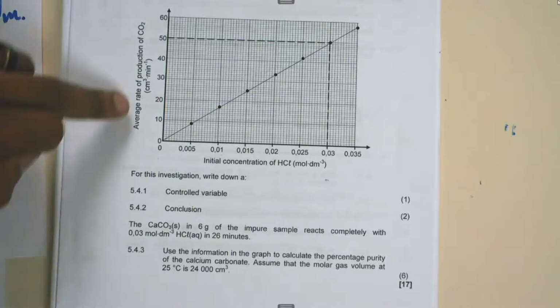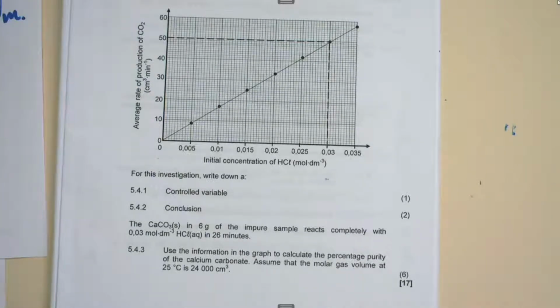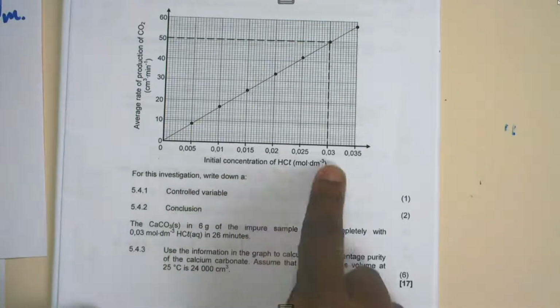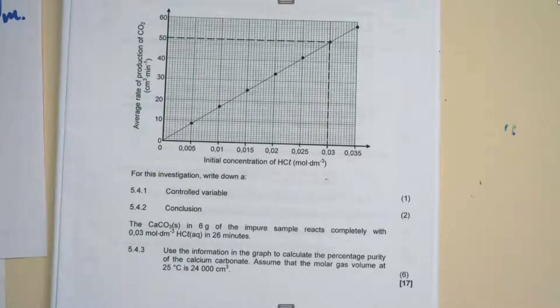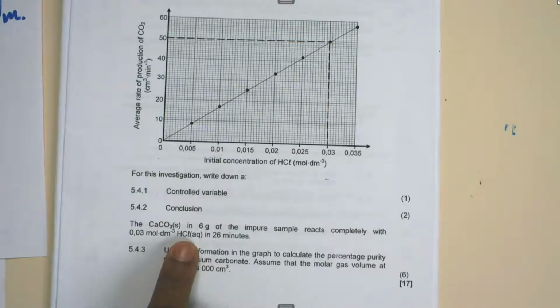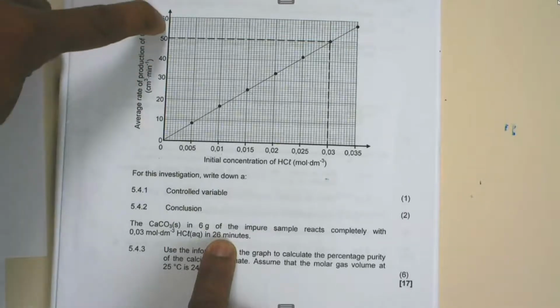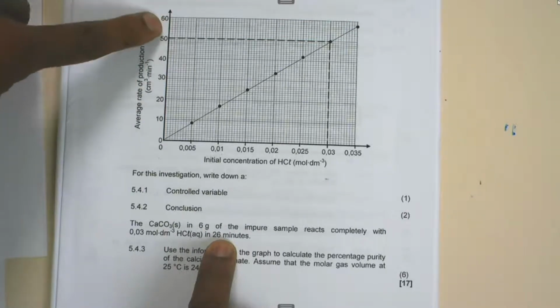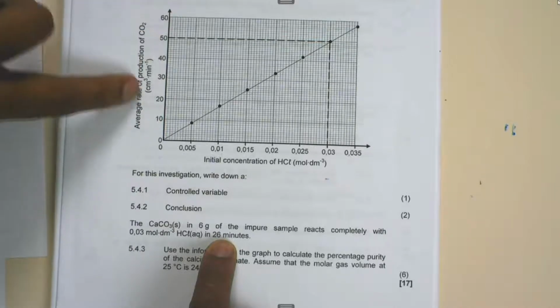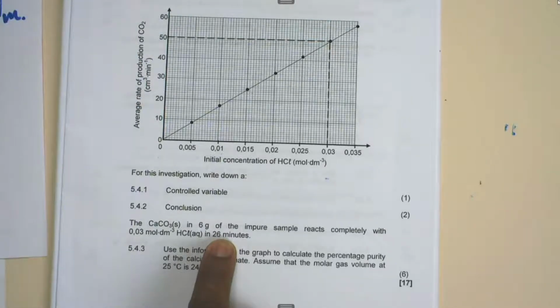But we are given a graph of the average rate of production of carbon dioxide and the initial concentration of HCl. So what do I have here? I have the concentration of HCl, and the reaction took about 26 minutes to complete, but the average rate was 50 centimeter cubed per minute. So what does this say to me?